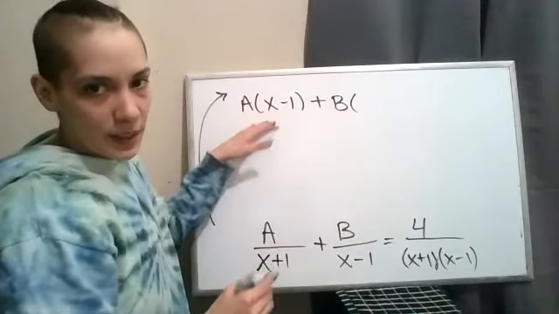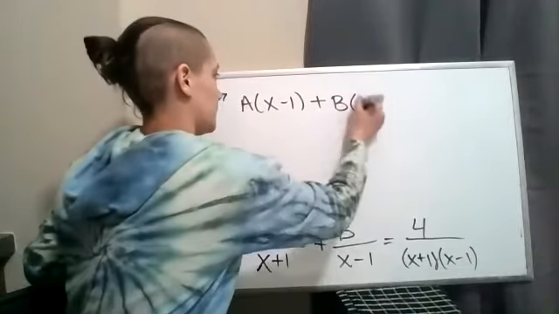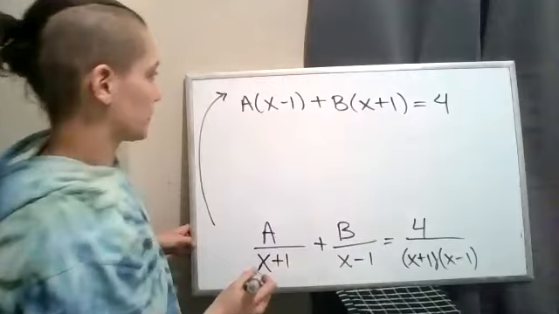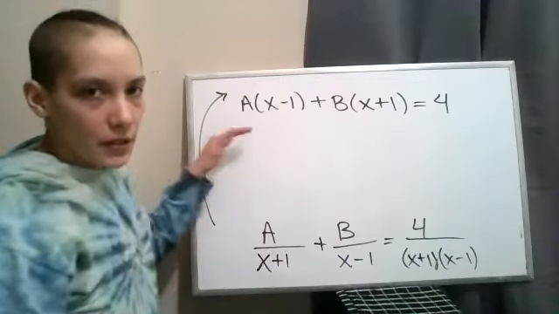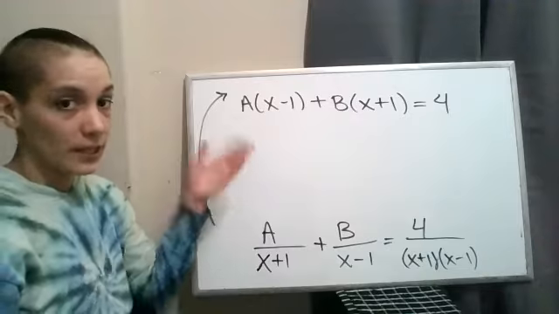A times x minus 1 plus b times x plus 1 is equal to 4. And you can use any x values to find a and b. I'm going to pick x equal to 1 first.